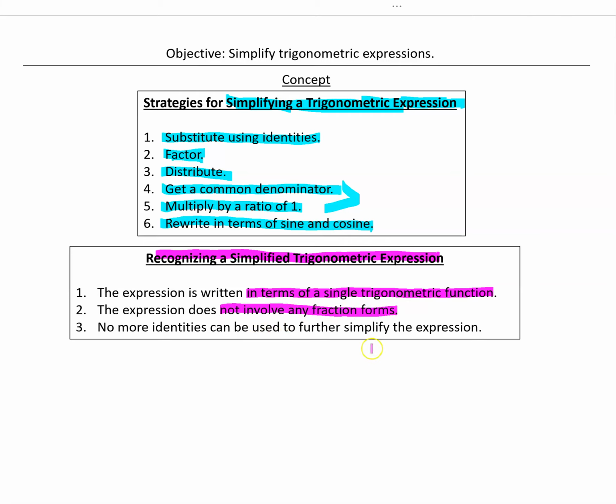For example, if you end up with sine theta over cosine theta, you can't leave it like that. You have to say that's equal to tangent of theta before it's considered simplified. And that goes along with this: no more identities can be used to further simplify the expression, which is an overall general way of looking at things. All right, let's take a look at some problems.